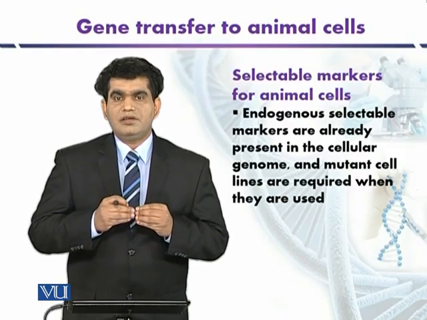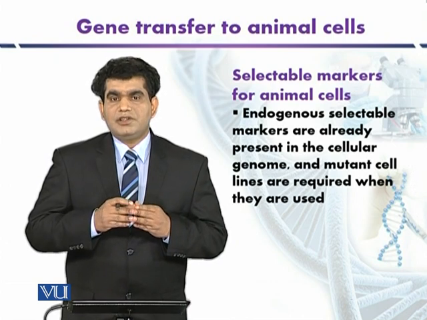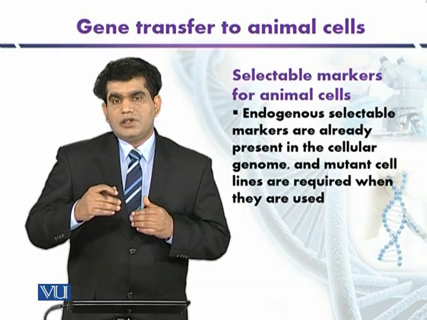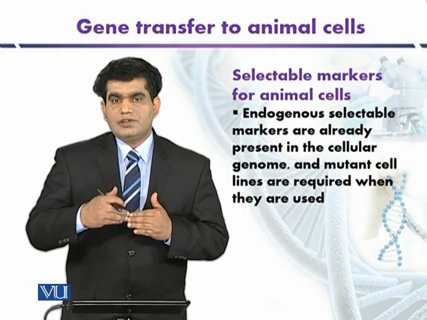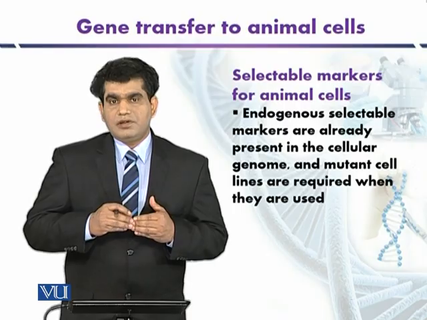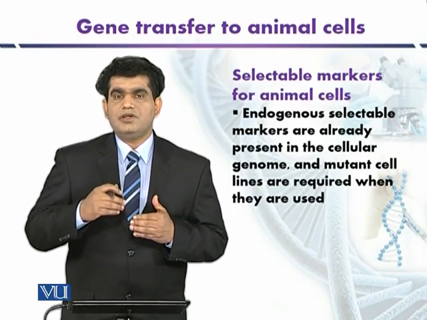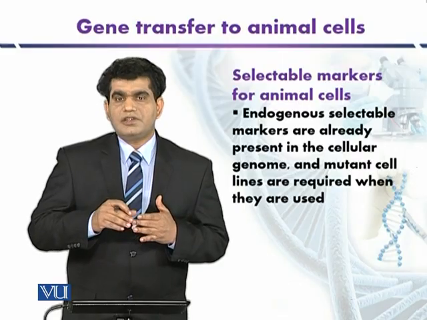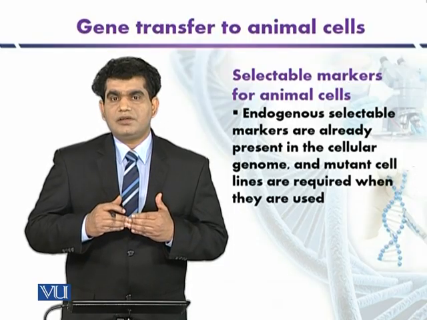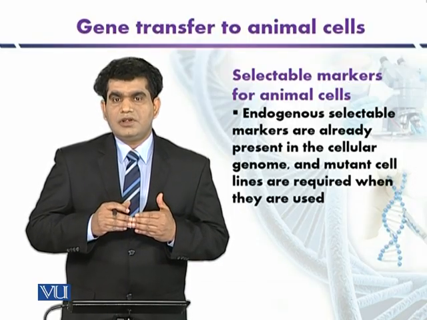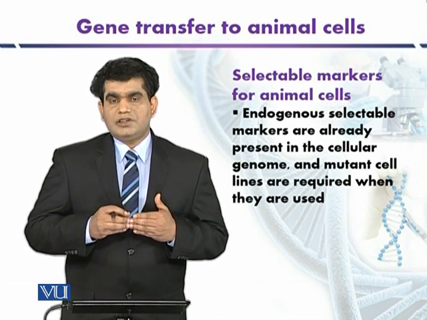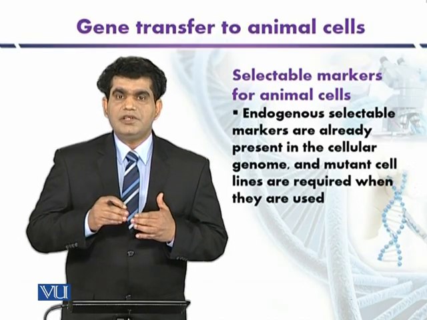DNA can be synthesized as a result of de novo biosynthesis by using some sugars or amino acids as precursors, and sometimes by using the salvage pathway, where already existing nucleotides are recycled. So for the salvage pathway, these two enzymes, thymidine kinase or TK enzyme and HPRT enzyme, are most important for the recycling of the nucleotides.